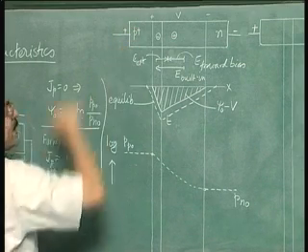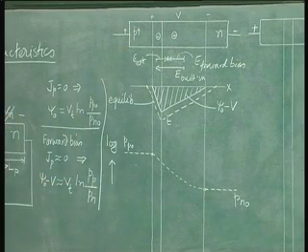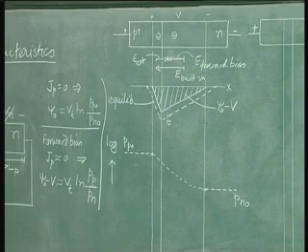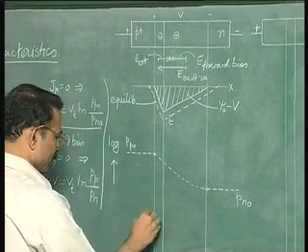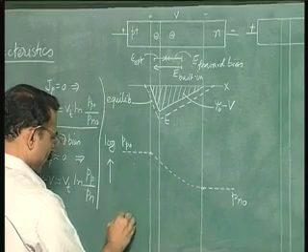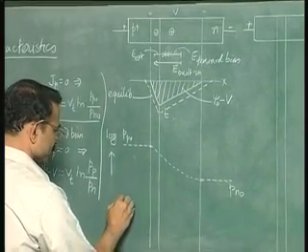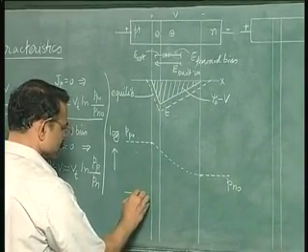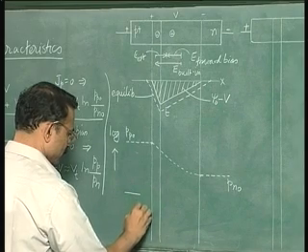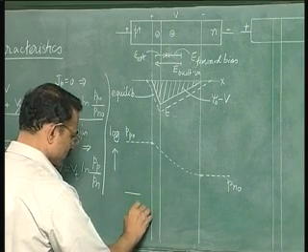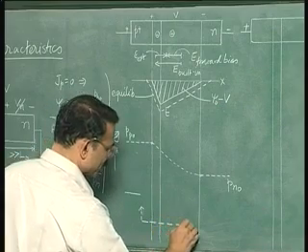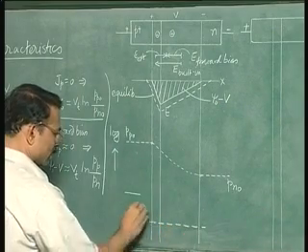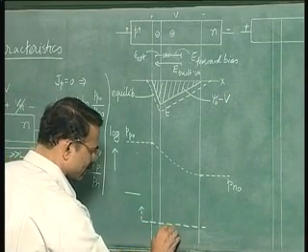So in fact this can be shown very nicely using a flow diagram. The flow diagram will be that the contact injects holes, so the N region is injecting electrons. Let us say the dotted line indicates electrons.